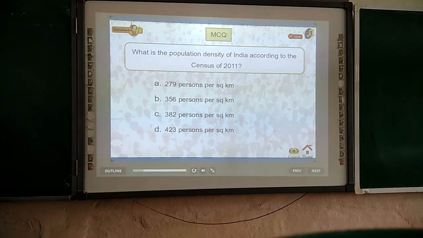Test yourself. What is the population density of India according to the census of 2011? The options are A. 279 persons per square kilometer, B. 356 persons per square kilometer, C. 382 persons per square kilometer, D. 423 persons per square kilometer.